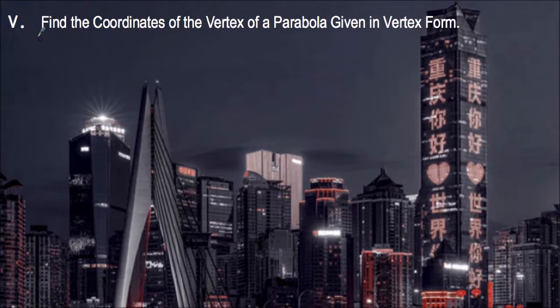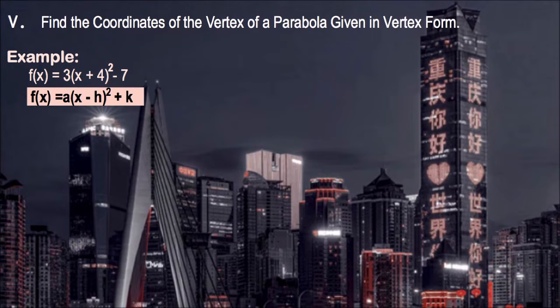Now, if we want to find the coordinates of the vertex of a parabola, given that we receive it in vertex form, what do we do? Well, let's check out an example. f of x equals 3 times the quantity x plus 4, squared, minus 7. The vertex form is written as f of x equals a times the quantity x minus h, squared, plus k.